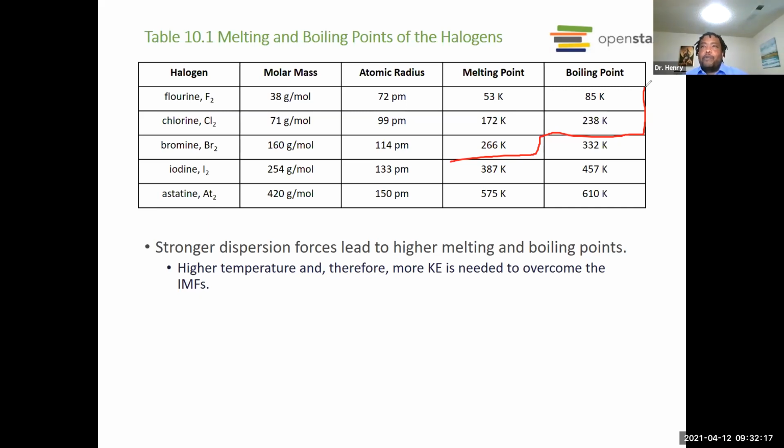What is water at room temperature? Is it a solid, liquid, or gas? Liquid. Okay, it's a liquid, right? Whereas all of these at room temperature are gases because of their intermolecular forces. Does that make sense?